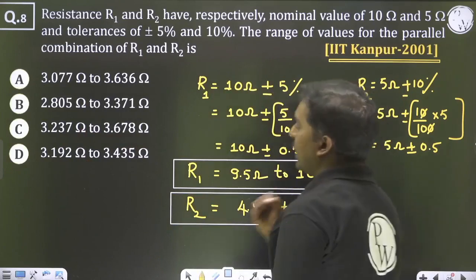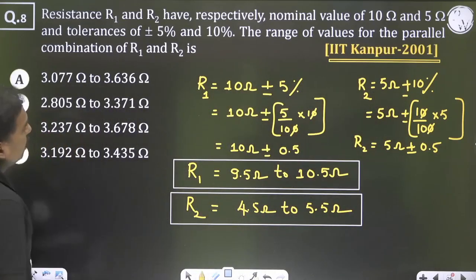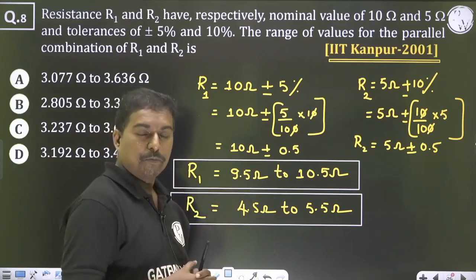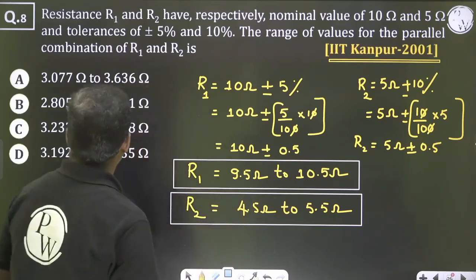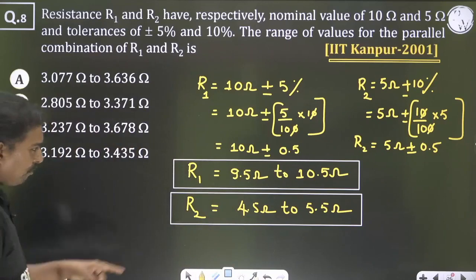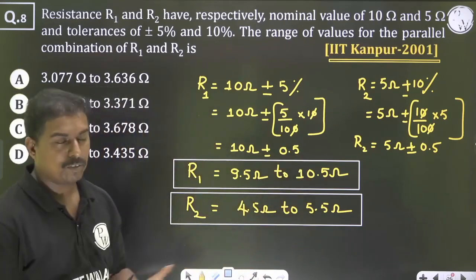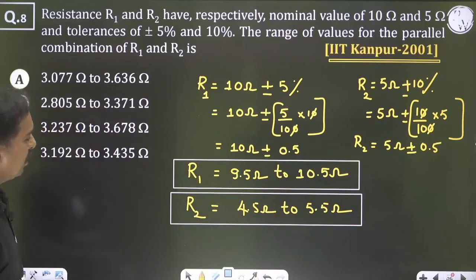Now the question here is asking, when they are connected in parallel, what is the resultant value? We know very clearly we have to take either these two or these.